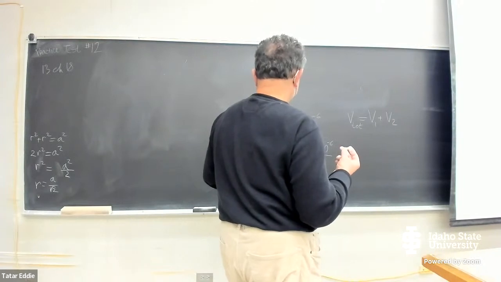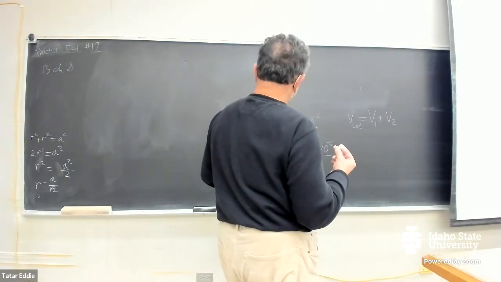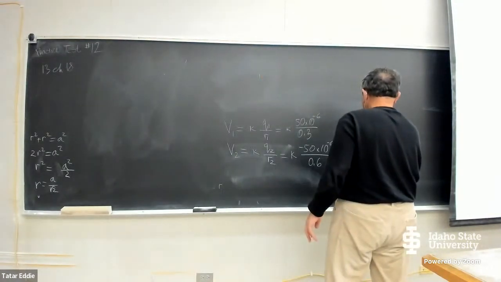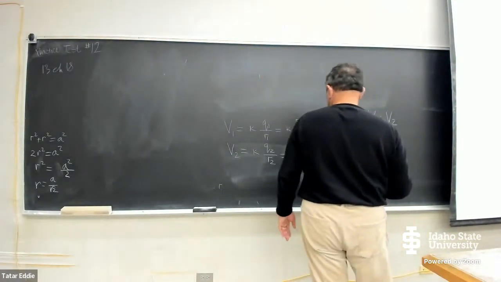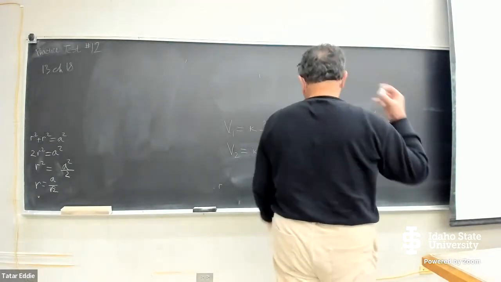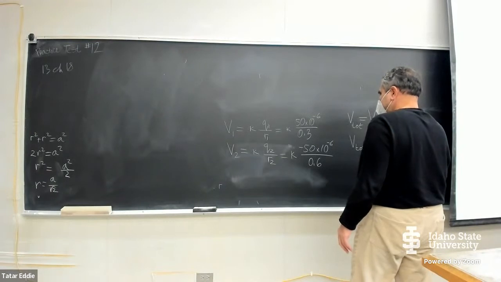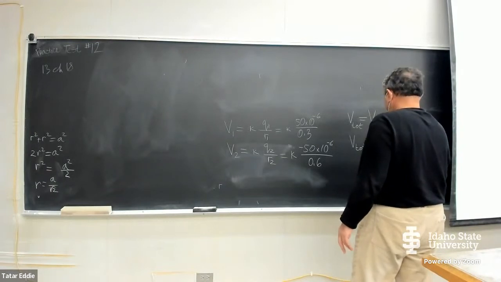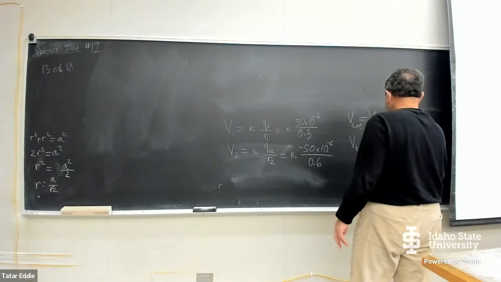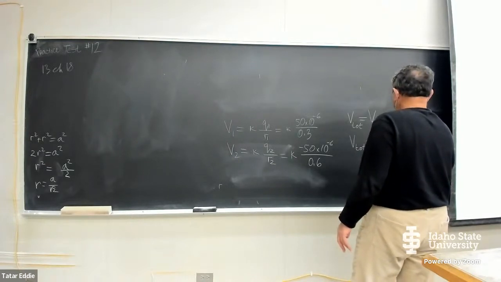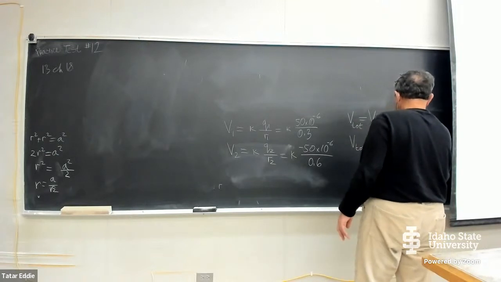If you factor out the common factors, V total is going to come out to be some, let's see. Well, just do the arithmetic. You're going to have something like K times 50 times 10 to the negative 6.